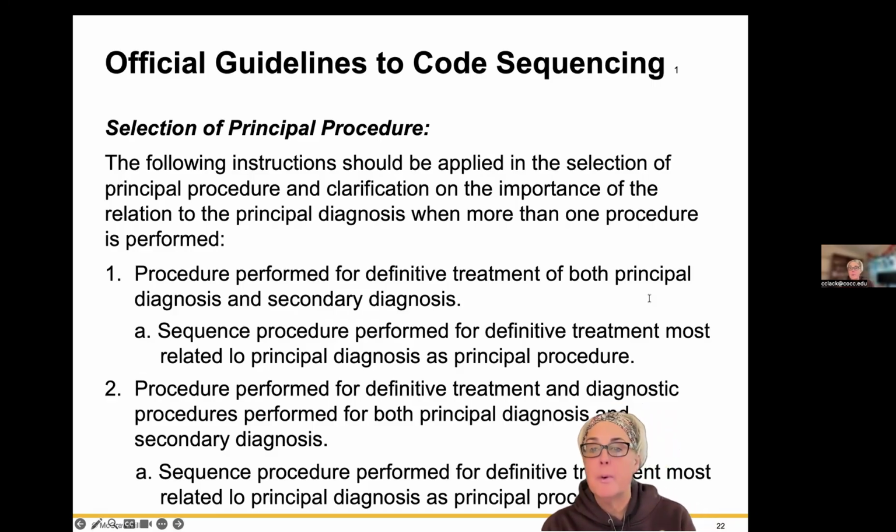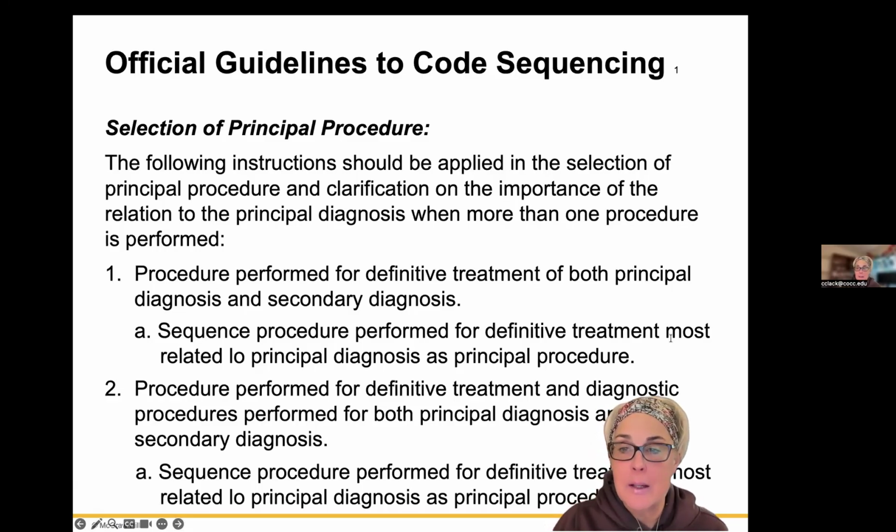Definitive treatment performed for both the principal diagnosis and secondary diagnosis. When the provider performs definitive treatment procedures for more than one condition, you sequence as a principal procedure the procedure that is most directly related to the principal diagnosis. Definitive treatment and diagnostic procedures performed for both the principal diagnosis and secondary diagnosis.